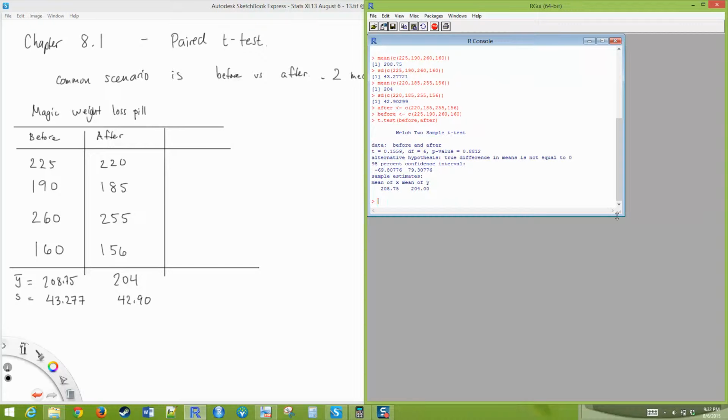If I do the before versus after, I don't know if you can see this, but it says my test statistic is 0.1559, and our p-value is 0.8812. If we did the work ourselves, we would get something very comparable to this. When we look in the table, we would just see p-values greater than 20% or 10% or something like that. Actually, it would be half of this, because this is doubling the tail.